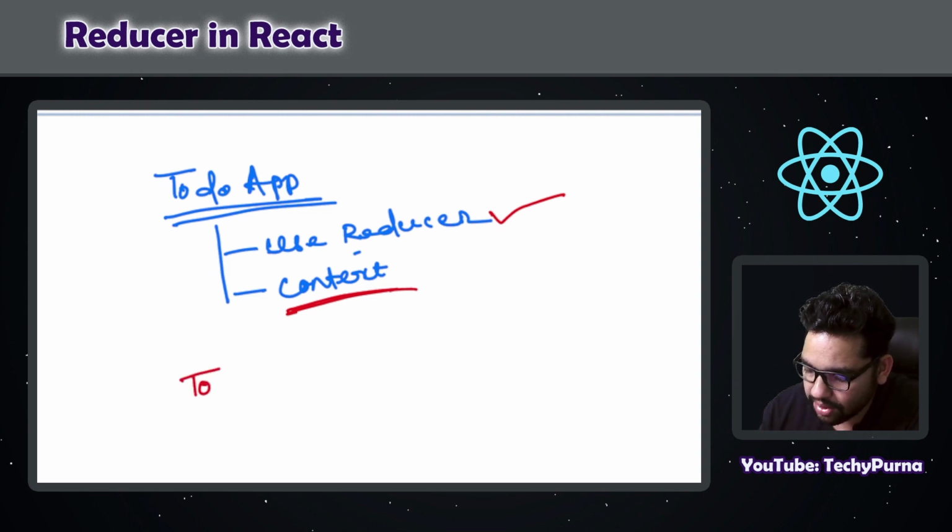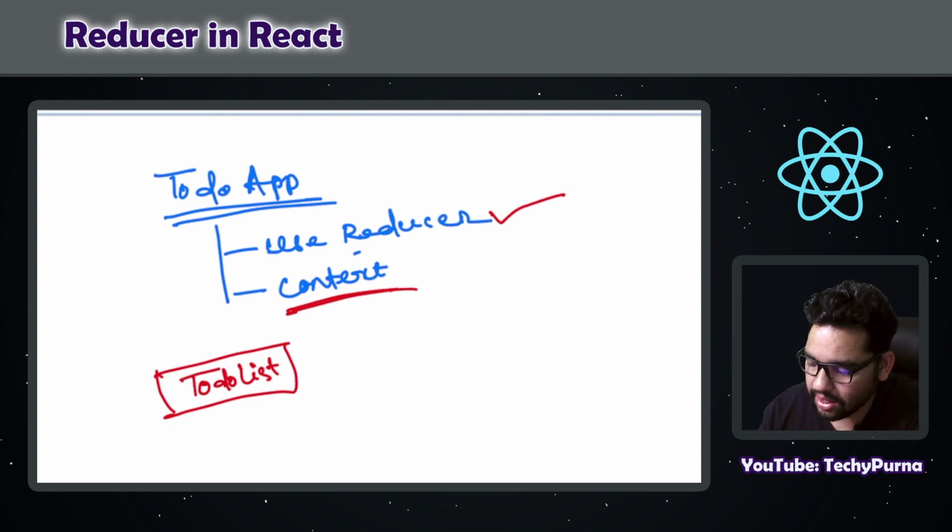So if you see now, we have a to-do list, one single component. Here is all the code: add, listing.